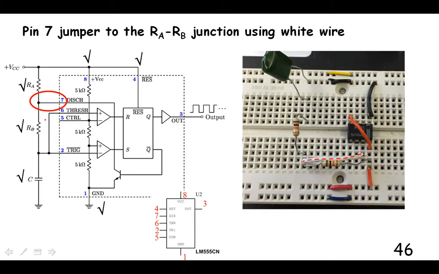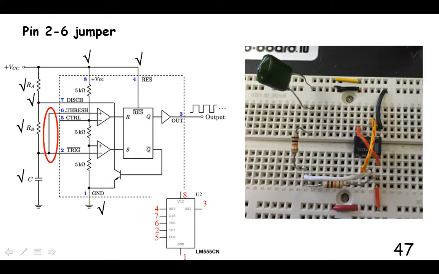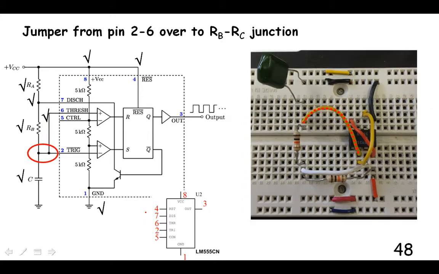Okay, then, still putting all these in, pin 7 is going to go to the junction between your resistors that you hook up in Multisim, and so forth. Put pin 6 to pin 2, so there should be some kind of jumper in Multisim that does that, and then that pin goes to here.